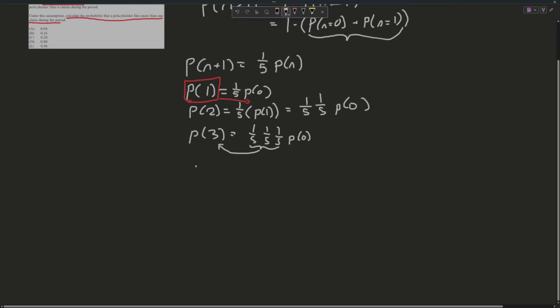So if we have k terms, we have 1/5 to the power of k, and then here is p of 0.